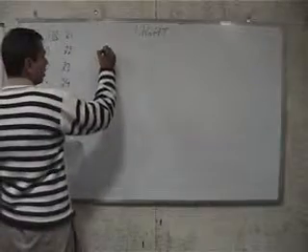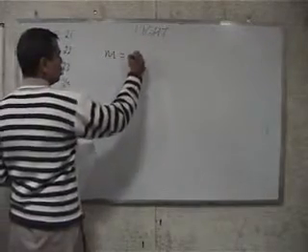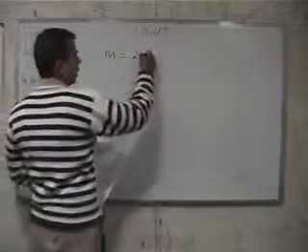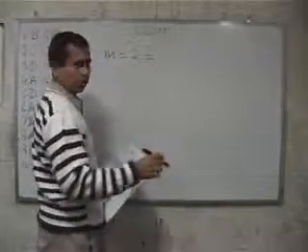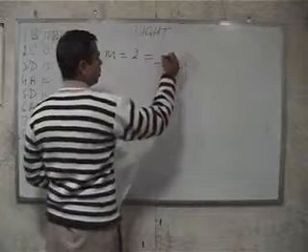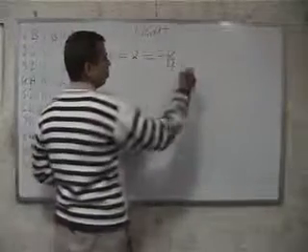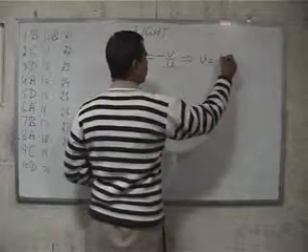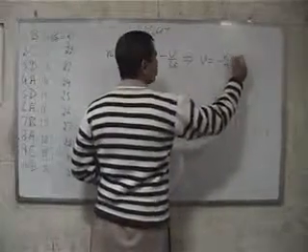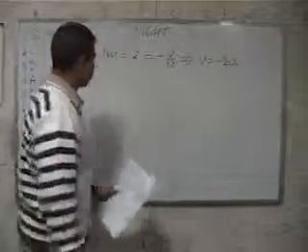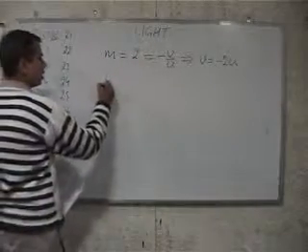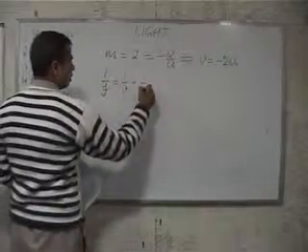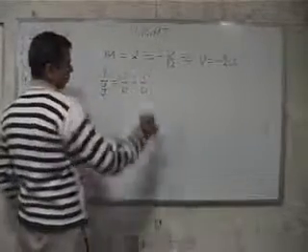They have given magnification 2 because the size of image is coming out to be twice. And the formula for magnification of mirror is minus v by u. From this we get v equal to minus 2 times of u. Let us put this in mirror formula. 1 by f equal to 1 by v plus 1 by u.